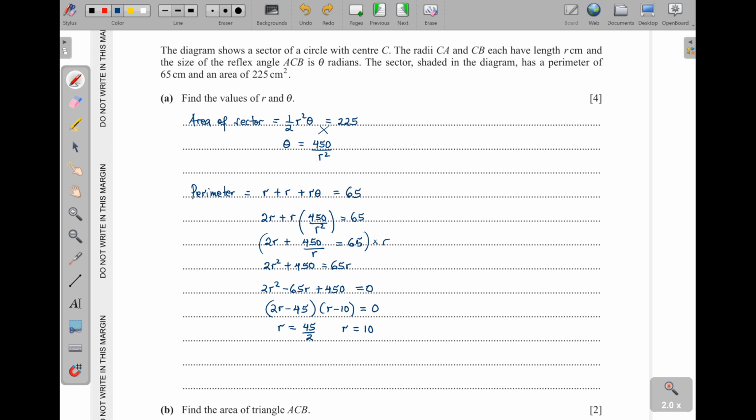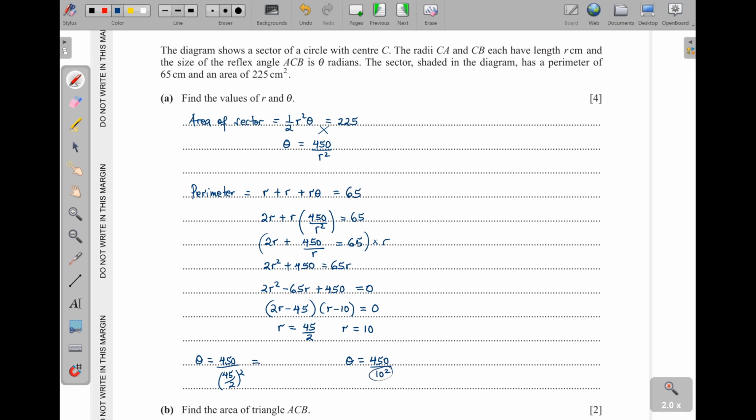Now, we need to find the value of theta. When you check here, theta is equal to 450 over R squared. So I can say 450 over 45 over 2 squared, and then we also have theta, which is going to be equal to 450 divided by 10 squared.